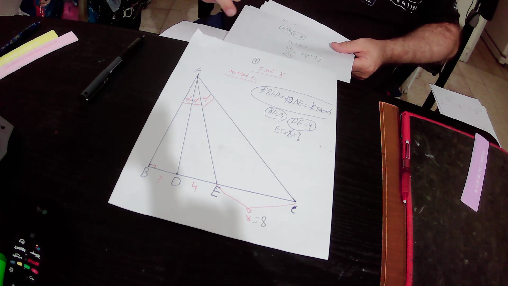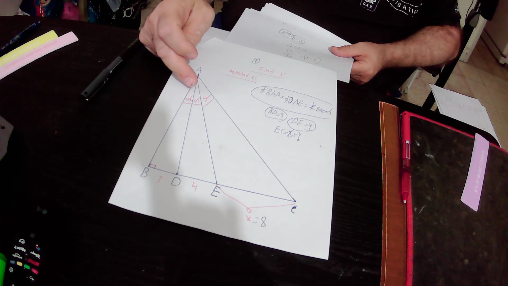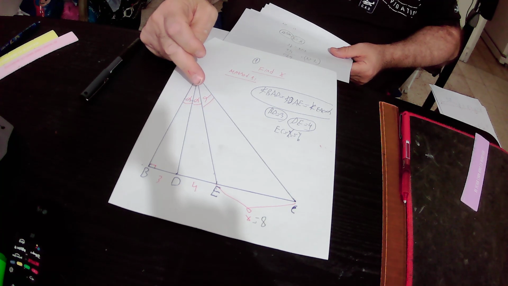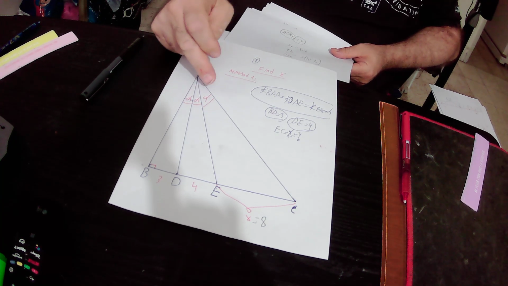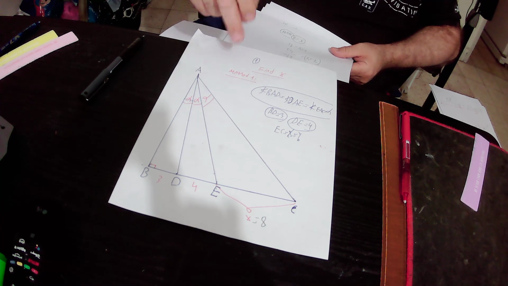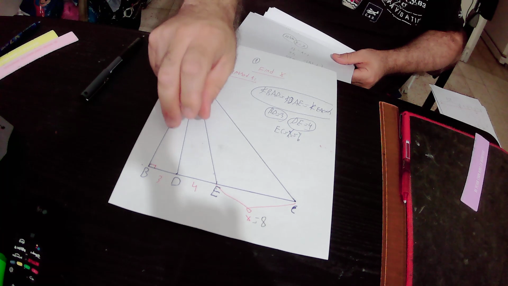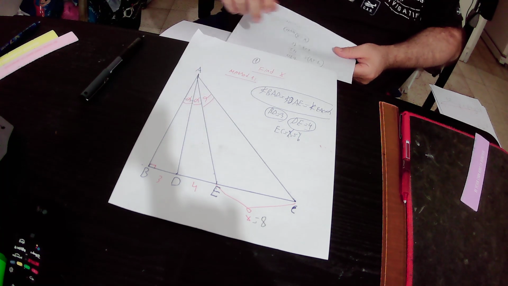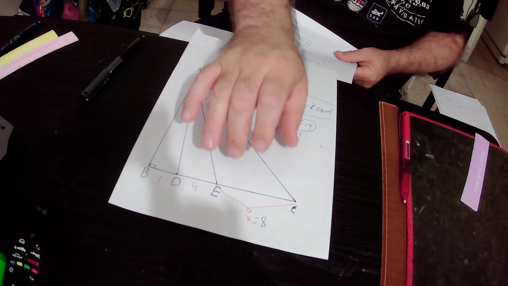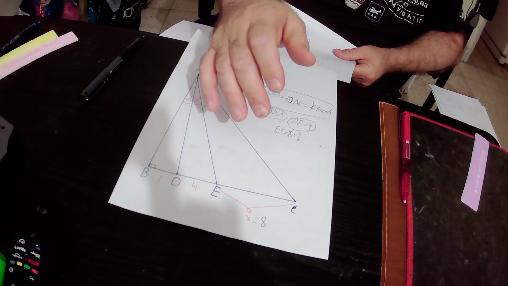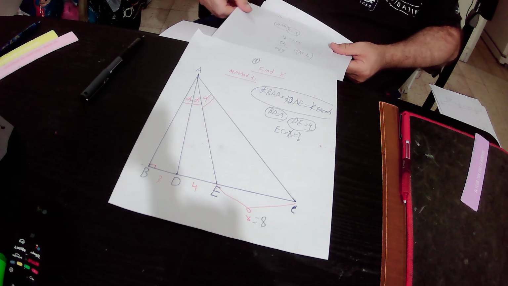And we know that angle BAD equals angle DAE equals angle EAC. All those angles equal alpha. BD equals 3 units, DE equals 4 units, and we want to find out the value of EC that is defined as x.